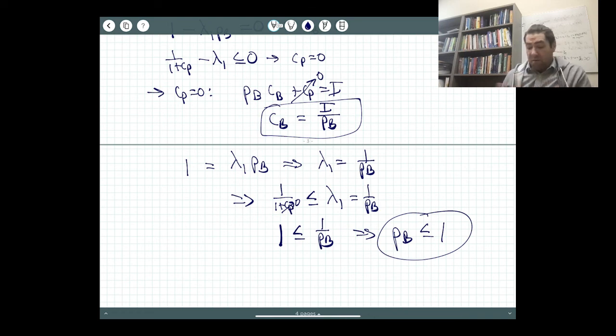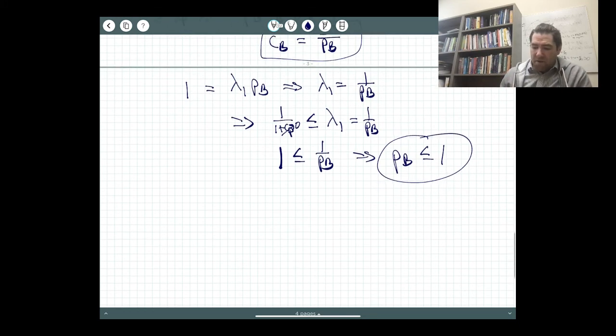So this case is certainly possible. If beer is relatively cheap compared to pizza, I'm going to go for beer, right? And so in this case, we've characterized all of the possibilities, and they make pretty good sense.